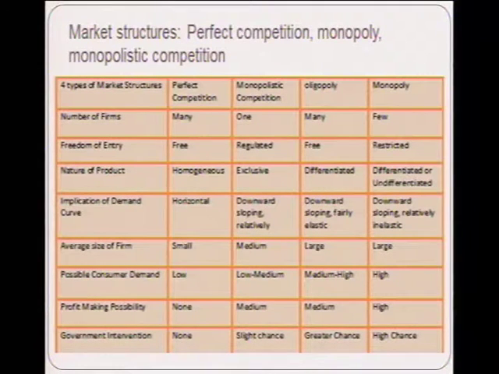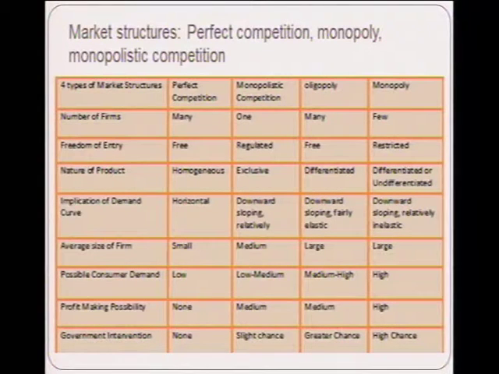For instance, let's look at the perfect market. How many firms in a perfectly competitive market? There are so many firms in a perfect market. Freedom of entry, no restrictions. Anybody can set up that business anywhere. The nature of the product is homogeneous. I mean, it's common. The demand curve is horizontal.